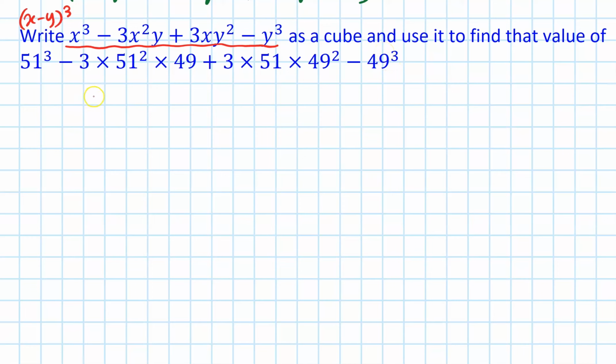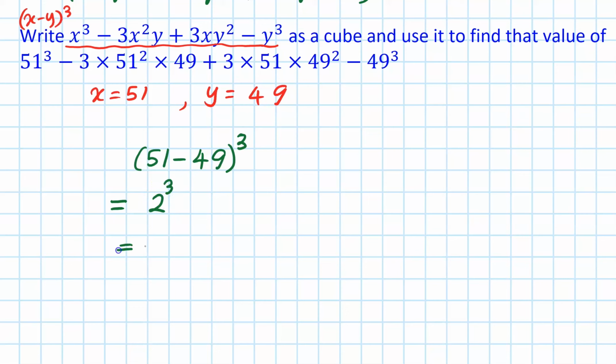Therefore, x becomes 51 and y becomes 49. Therefore, this expression is simply (51 - 49) cubed. Well, what is 51 minus 49? Easy one, isn't it? 2, and then cubed. 2 cubed is 8. The answer is the number 8. Well, that big expression now is in fact simplified down to just 8.